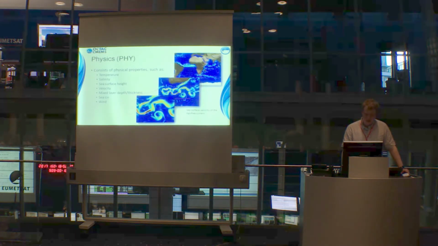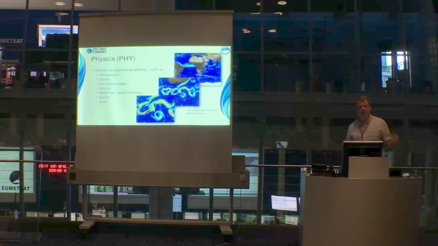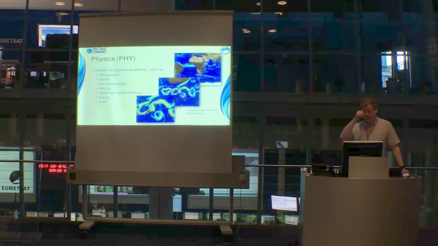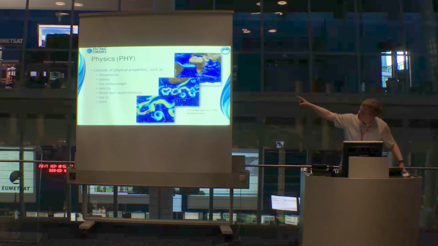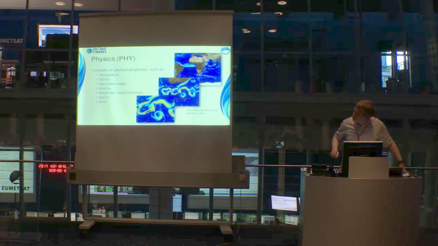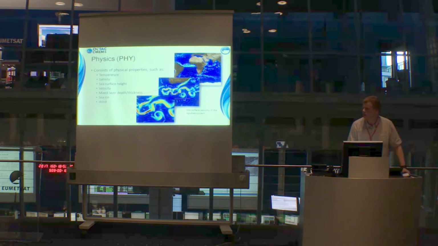So the physics is a lot of things like temperature, salinity, wave heights, sea ice, velocity, and winds, and you can get some really nice products. I've included an example of the Agulhas current underneath South Africa, and although it doesn't really appear, there's actually vectors in this data which you can use to do things like track debris, like Haley was outlining.